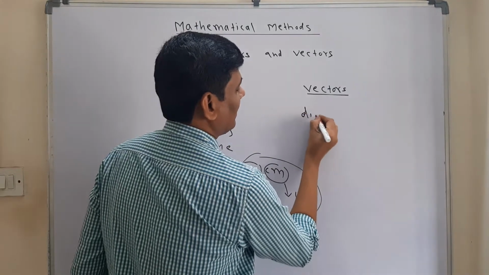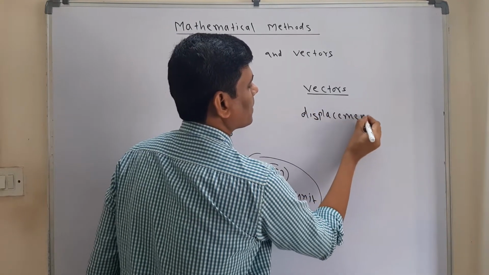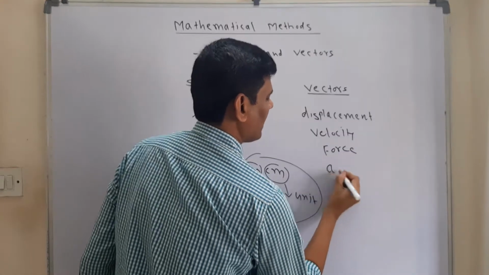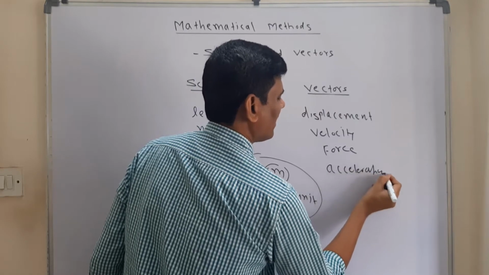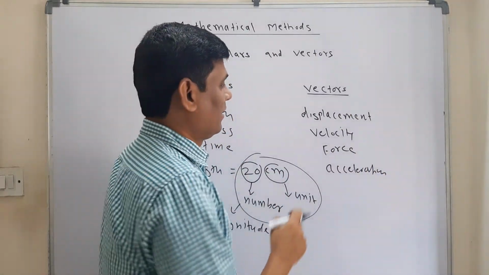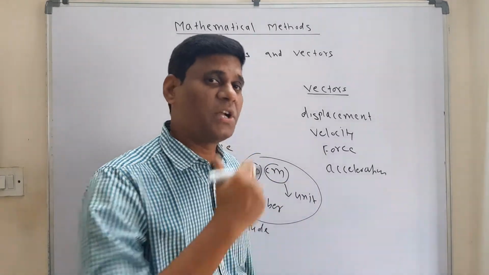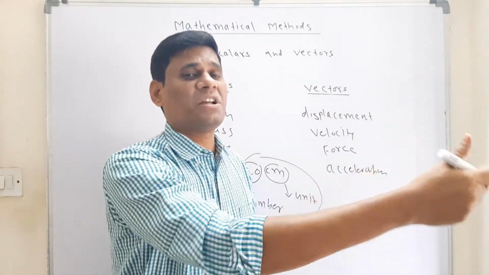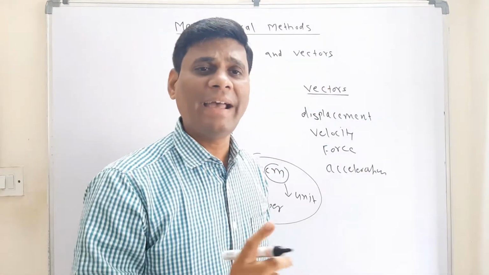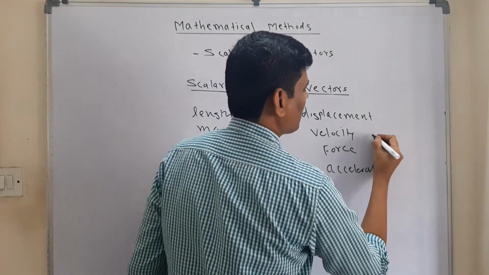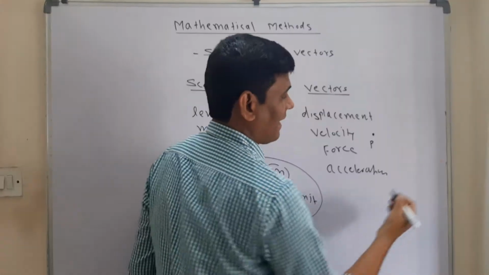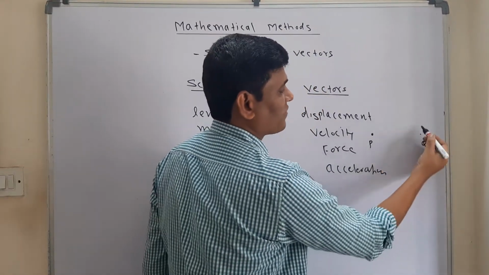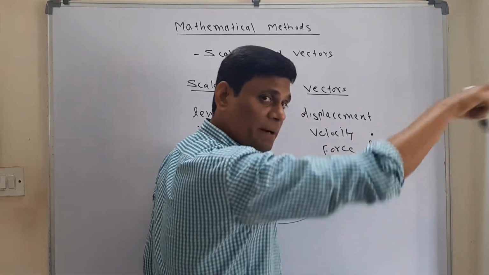Example, we can say displacement, velocity, say force, acceleration, etc. Now when a particle displaces from one position to another position, that means initial position and final position, in which direction the particle is moving is also equally important.